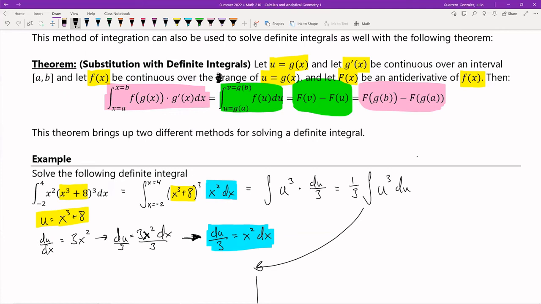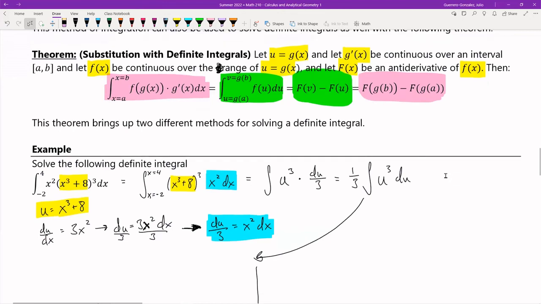So in order to get the u values, we need to substitute the x values into u, and then we can keep the integration. We don't have to undo a substitution. Okay. What does that mean? Let me go ahead and explain what happens.